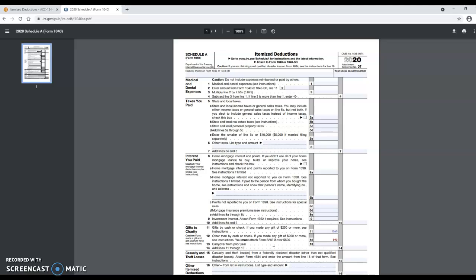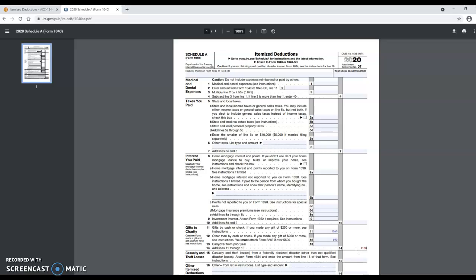If your donations are more than half of the AGI, then you can't take it that year, but you can carry it over to a different year. Okay, so here we have $12.60 and the $890, so we have a grand total of $21.50 that is going to go on line 14 for our contributions.